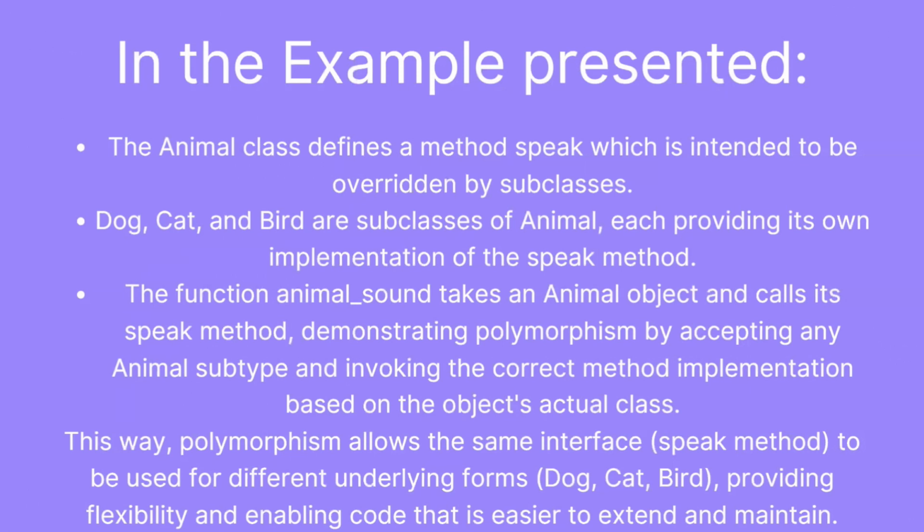This way, polymorphism allows the same interface to be used for different underlying forms, as we can see with the dog, cat, and bird in animal_sound, providing flexibility and enabling code that is easier to extend and maintain.